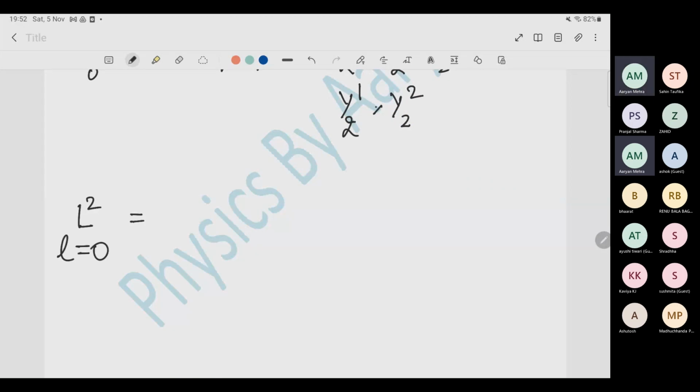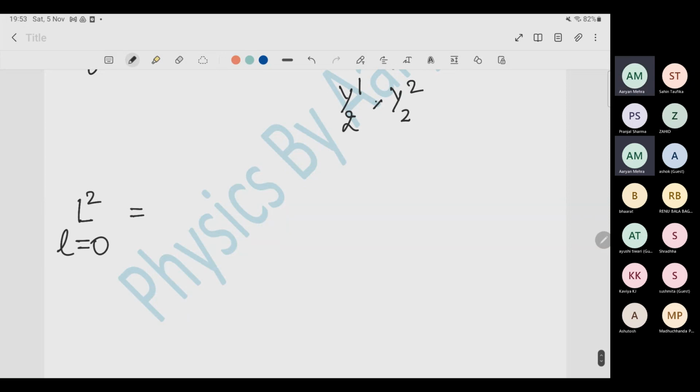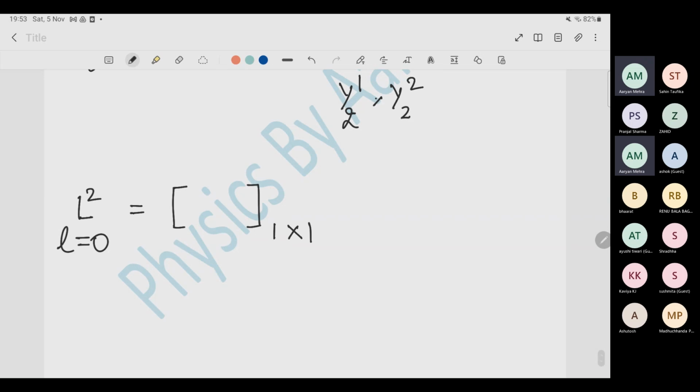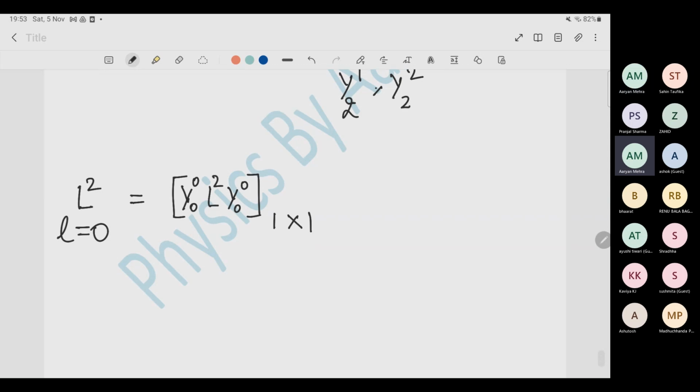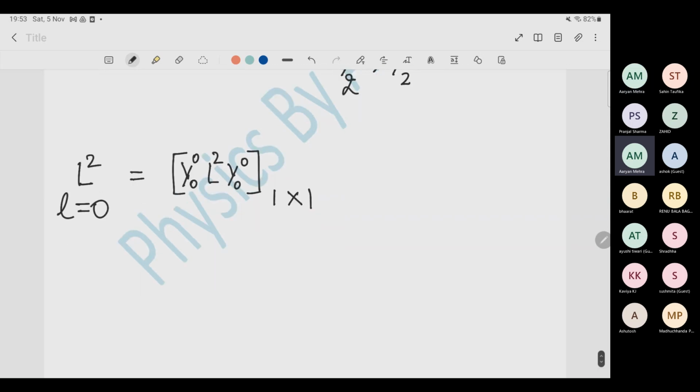So now let's write the matrix form for L square when L is 0. How do we actually write this in matrix form? The dimension is 1 by 1, so only one element will be there. What we want to find is Y00 L square Y00.